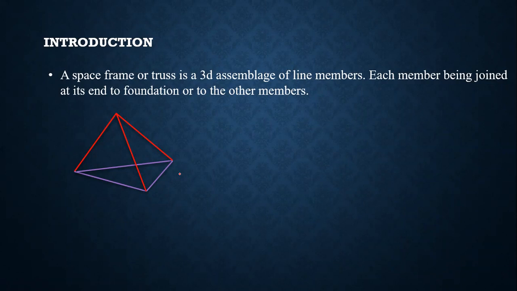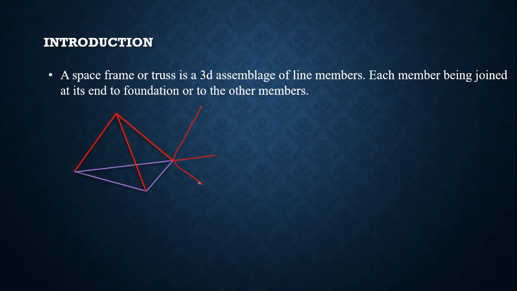Since for each additional joint, there are three additional members, if we need to construct another tetrahedron or other series of space frame, we can join three members at a particular joint. Just like this, we continue to join three members at every joint.